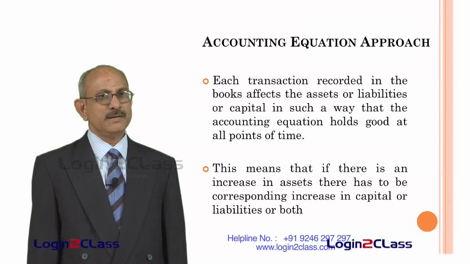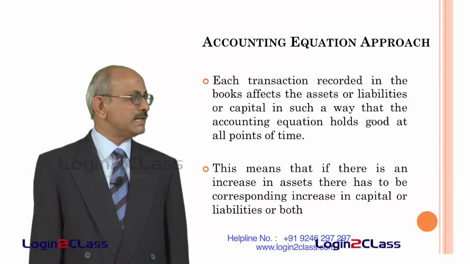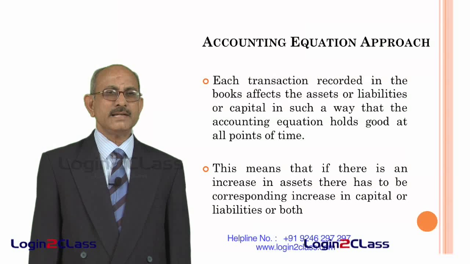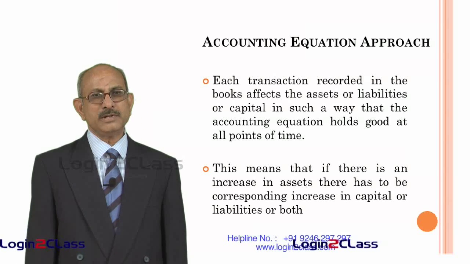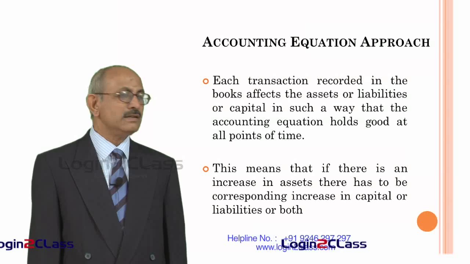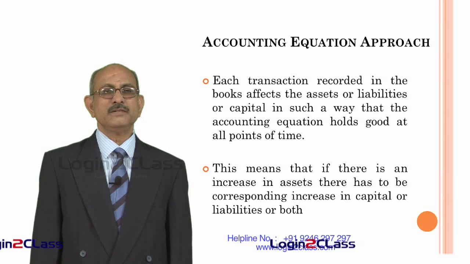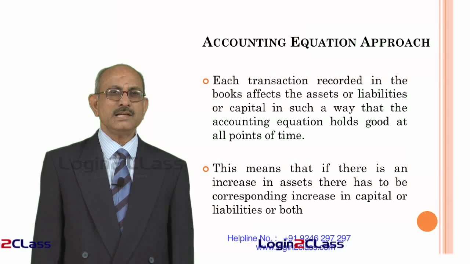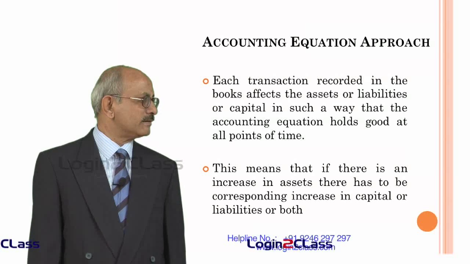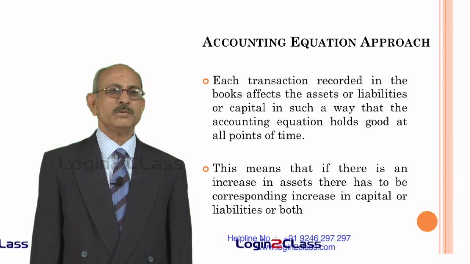Or alternatively, there could be an increase in liabilities and a decrease in liabilities and or capital simultaneously, so that the right hand side remains the same, and therefore there is no need to change the left hand side of the equation. So this also has to be kept in mind.